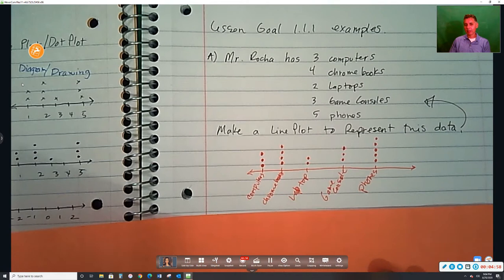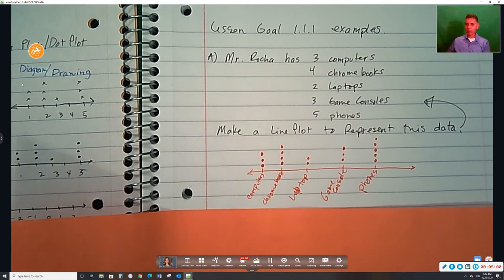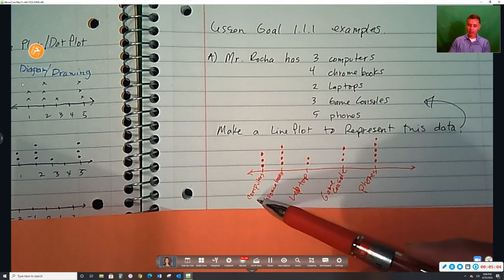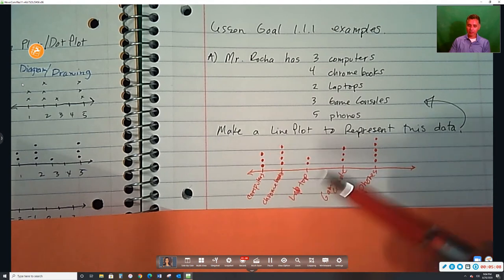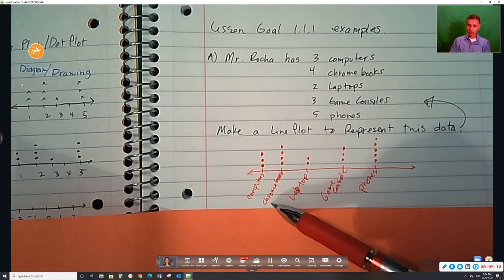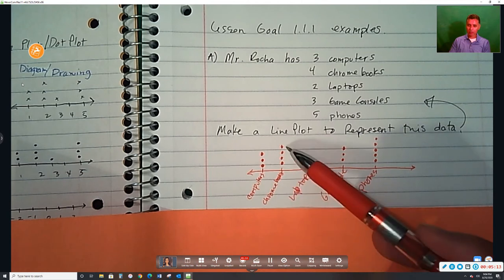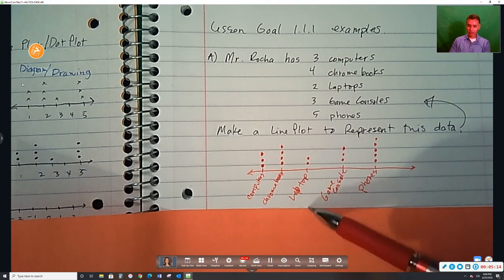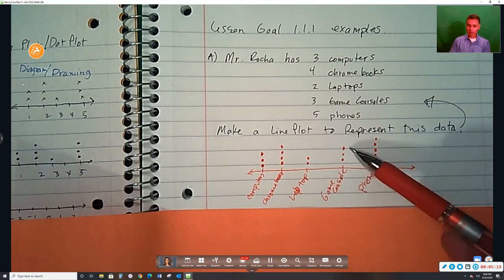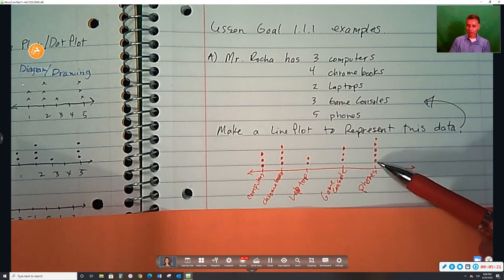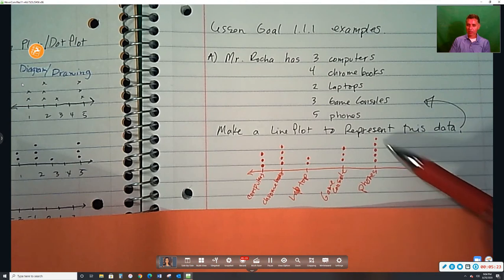Instead of numbers, what we're plotting are items. We have 3 computers, so I put down computers, 3 dots on it. 4 Chromebooks. So here I write Chromebooks, 1, 2, 3, 4 dots on it. Laptop, 2 laptops. Game consoles, 1, 2, 3 game consoles. Phones, 1, 2, 3, 4, 5 dots.